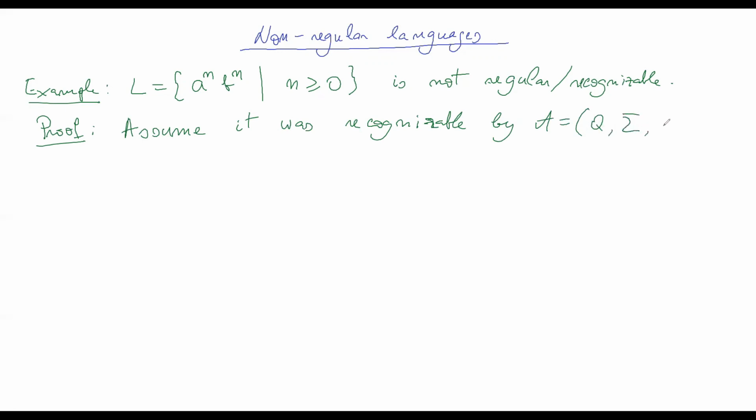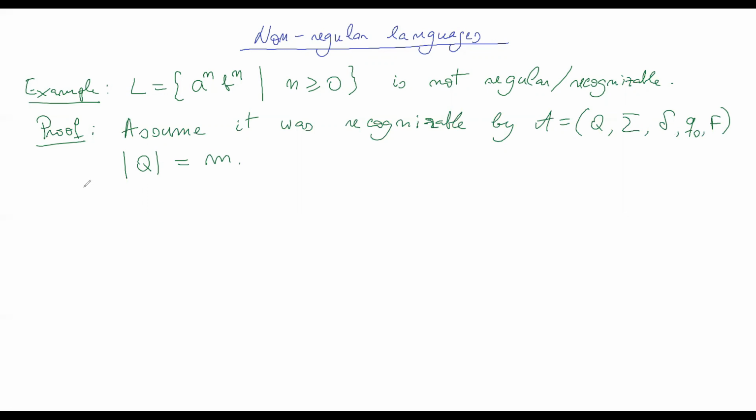It is made of the input alphabet, where sigma is just A, B, the transition function, the initial state and F. And let's assume that the number of states we have is some number M.